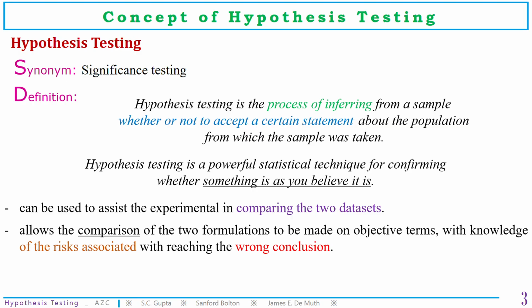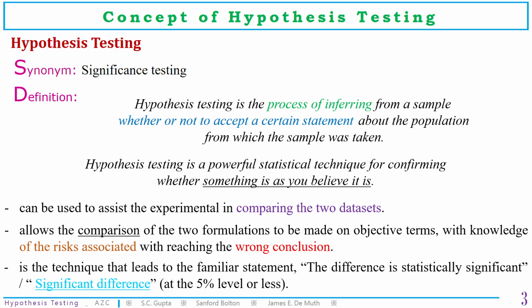It also allows the comparison of the two formulations to be made on objective terms, with knowledge of the risks associated with reaching the wrong conclusion. This is the technique that leads to the familiar statement, the difference is statistically significant, or significant difference, at the 5% level or less.